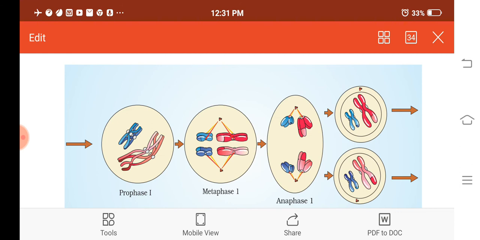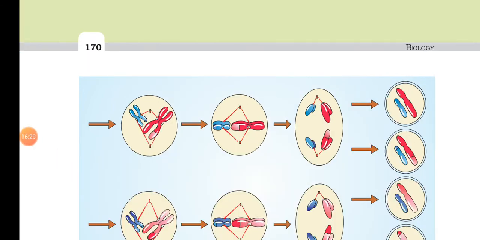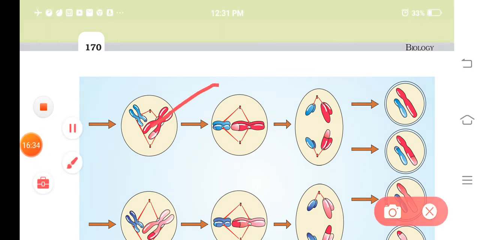And the same cells after meiosis 1 undergo what? Meiosis 2, you can see like this. Each one of the cells produced after meiosis 1 will get divided into 2 cells. So where did the actual reduction take place? In meiosis 1 itself.